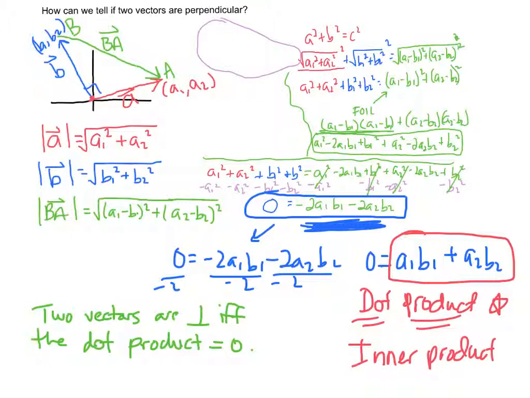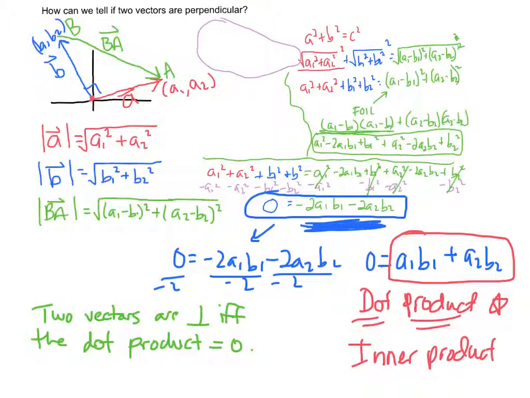So if you take a1 times b1, so the x coordinates on the two vectors, and add a2 times b2, so multiply the y coordinates, if you add those together and get 0, then the two vectors are perpendicular. And that is the dot product.